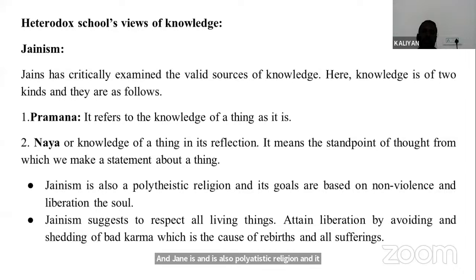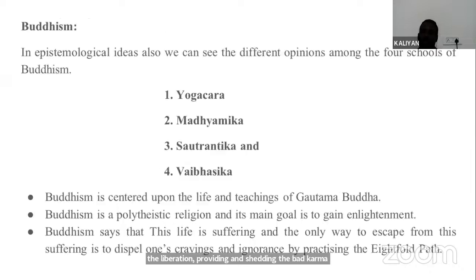Jainism suggests respect for other things and attaining liberation by avoiding and shedding bad karma, which causes rebirth and suffering. On Buddhism in epistemological ideology, we can see different opinions among four schools: Yogacara, Madhyamika, Sautrantika, and Vaibhashika.